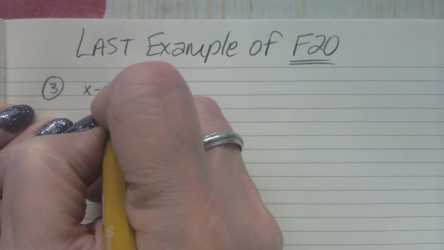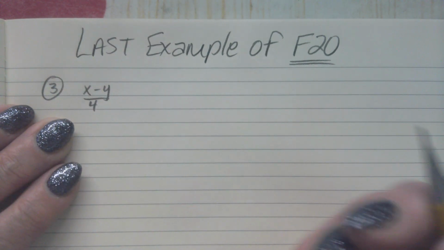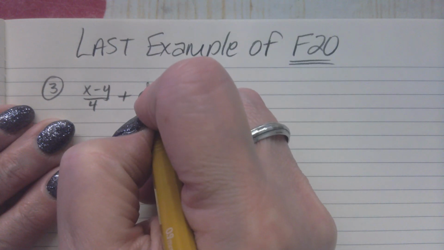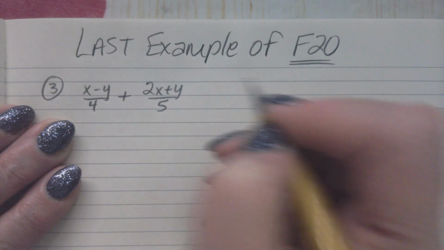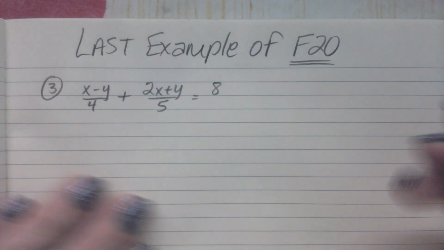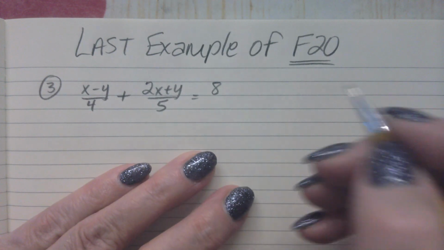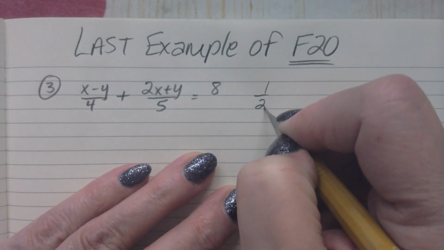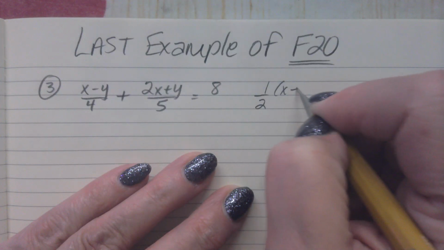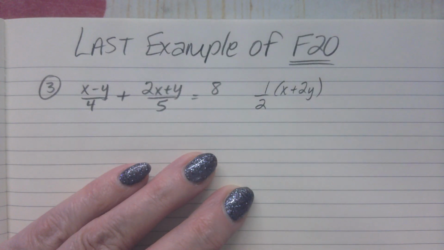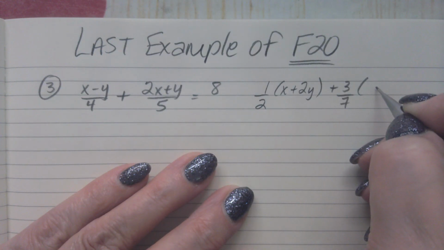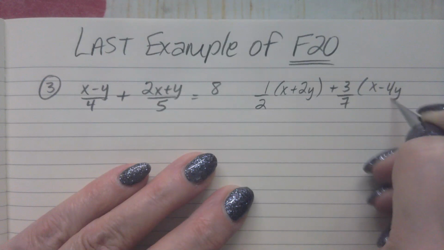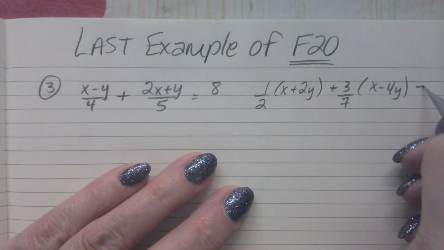You have (x minus y) over 4, plus (2x plus y) over 5, equals 8. And a 1/2 (x plus 2y) plus 3 over 7 (x minus 4y) equal to 14.